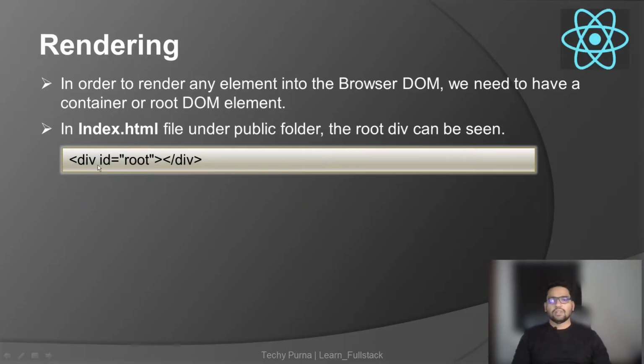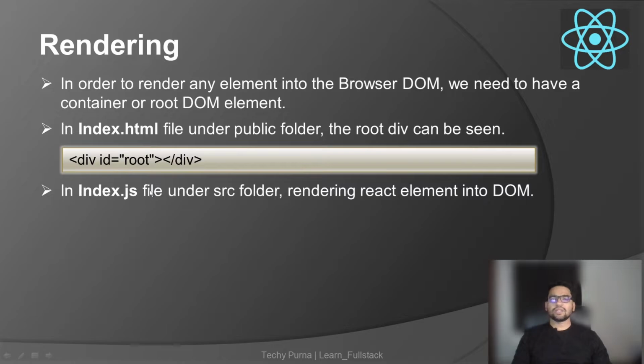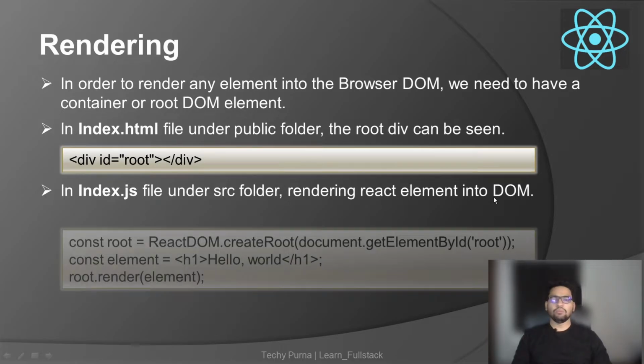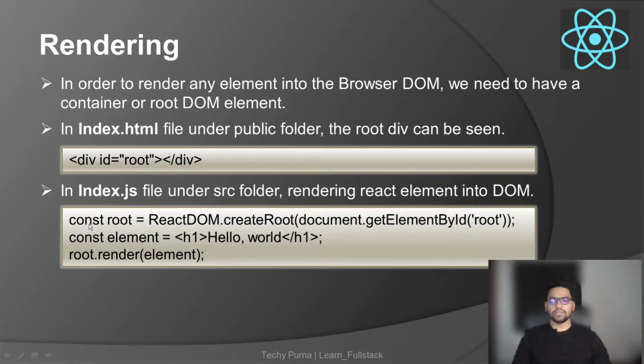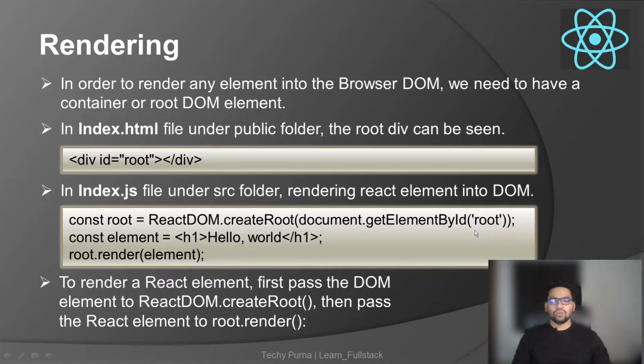So that is the code snippet here, right? Div id equal to root. And in the index.js file under the src folder, rendering a React element into the DOM. This is the code snippet that we can see: const root equal to ReactDOM.createRoot(document.getElementById).